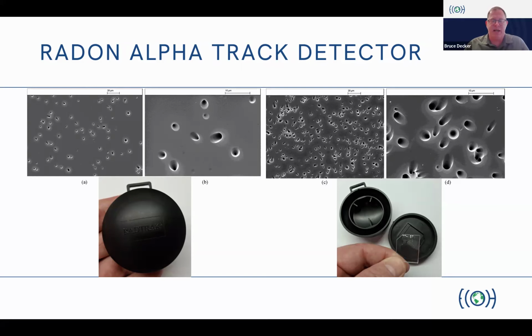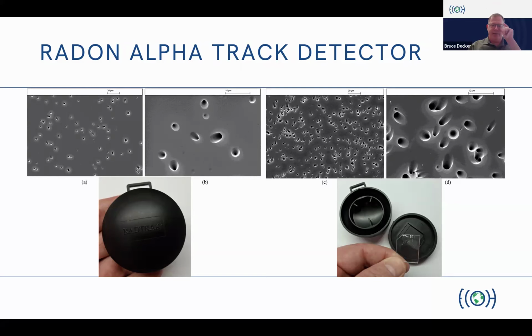It's a sensitive plastic. As the nuclear decay happens, those alpha particles slam into that film or foil and make tiny little craters or tracks, just like a meteor would slam into the soil. That's what you see with those pictures above. Those are the tracks left on the film.